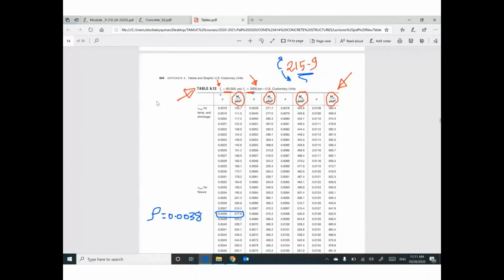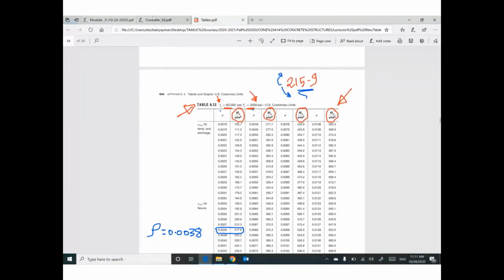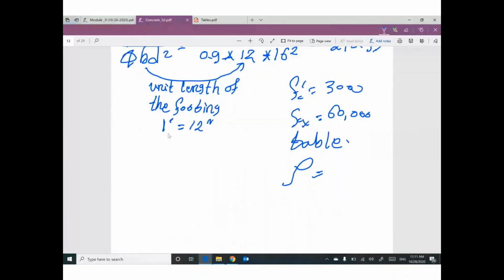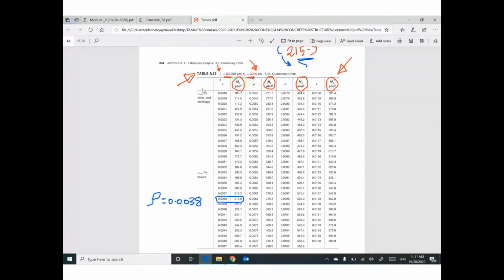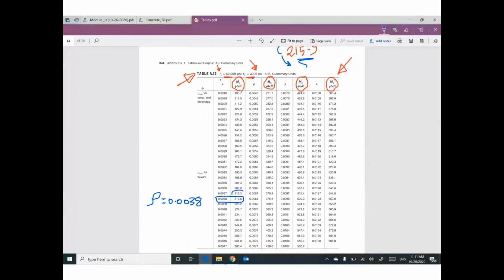Yeah, here you go. The value is 210. Do you have 210 here? I believe yes. Actually, we have 212. That's fine. So your value of rho 0.0037.